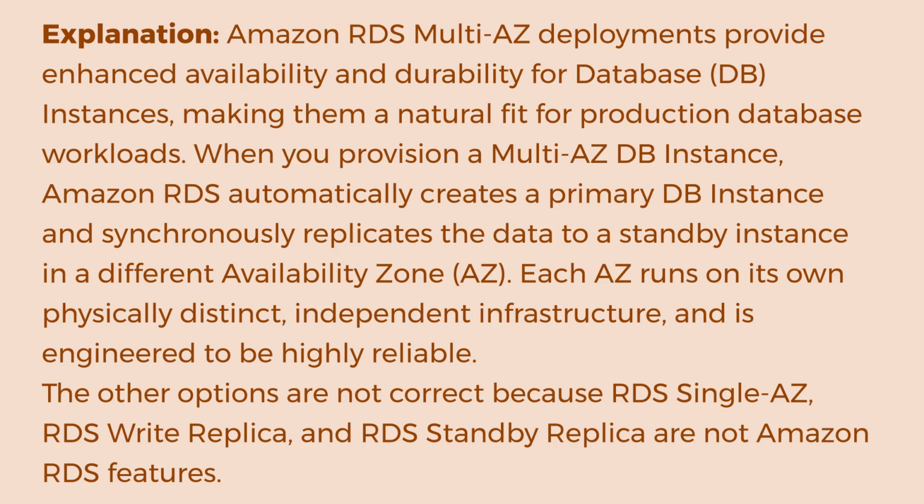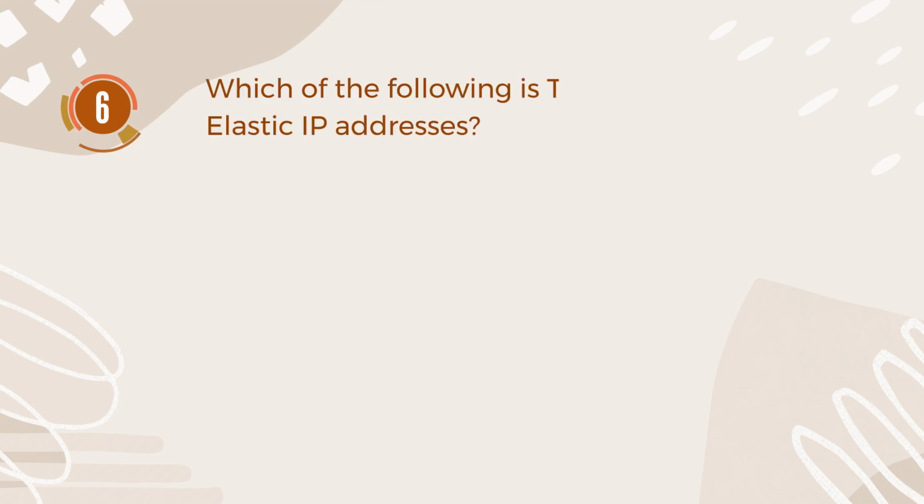Each AZ runs on its own physically distinct, independent infrastructure and is engineered to be highly reliable. The other options are not correct because RDS Single AZ, RDS Write Replica, and RDS Standby Replica are not Amazon RDS features.